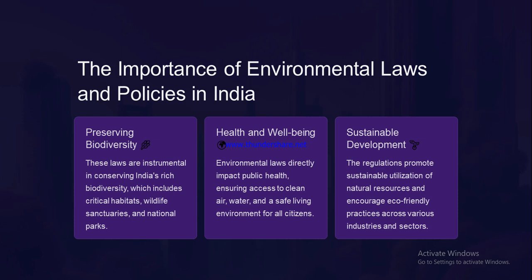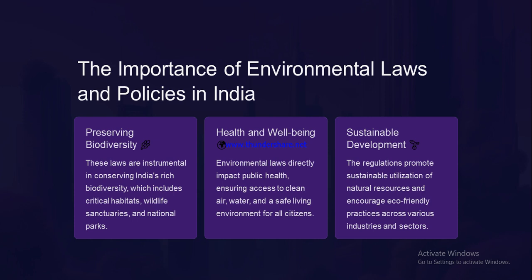There has to be a balance. You must have heard about the term CAMPA, that is compensatory afforestation, which is basically a concept that if 4 or 5 trees are to be chopped down, then 10 trees should be planted in the vicinity, so as to compensate the loss from chopping of the trees.